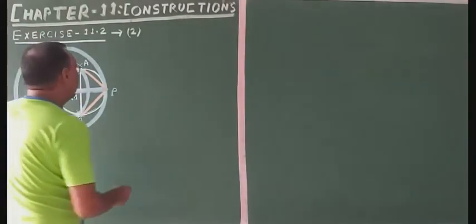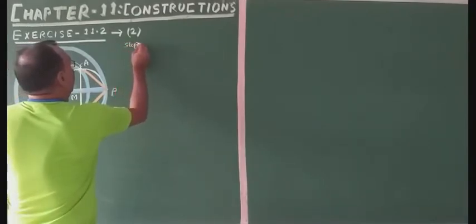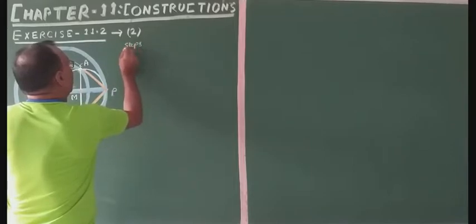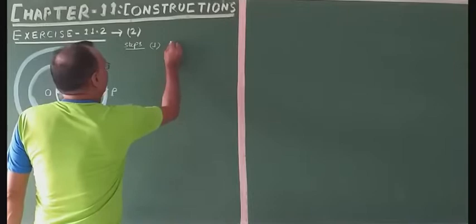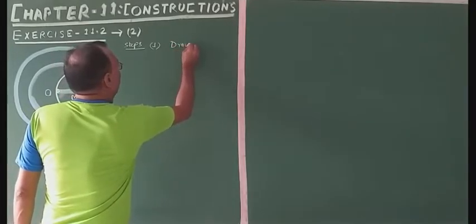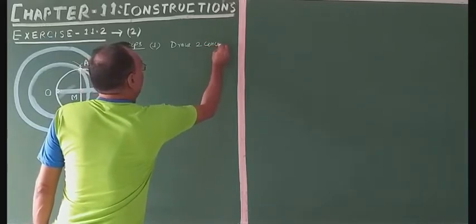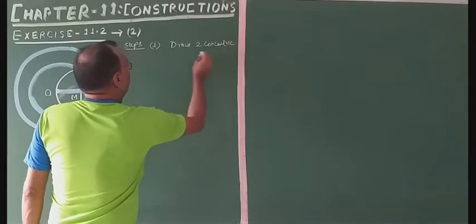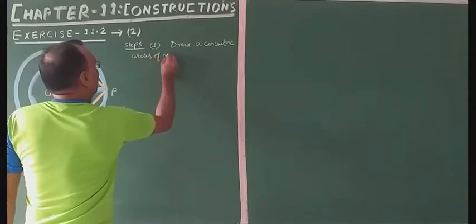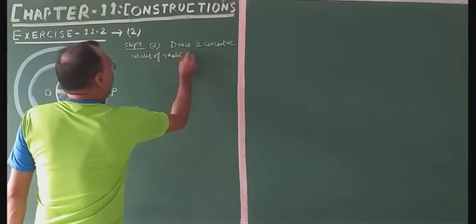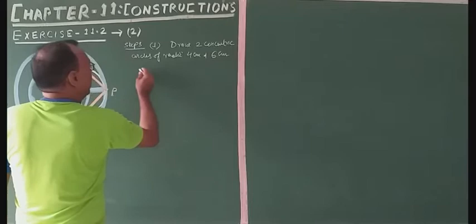Step number 1: you draw two concentric circles of radii 4 cm and 6 cm.